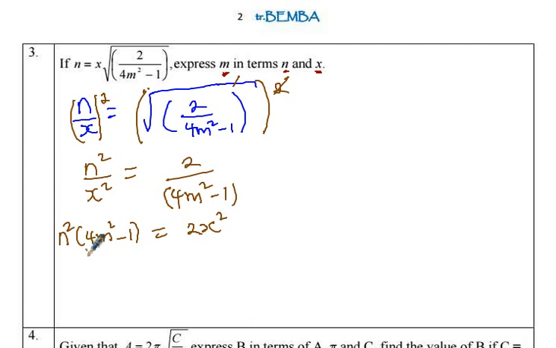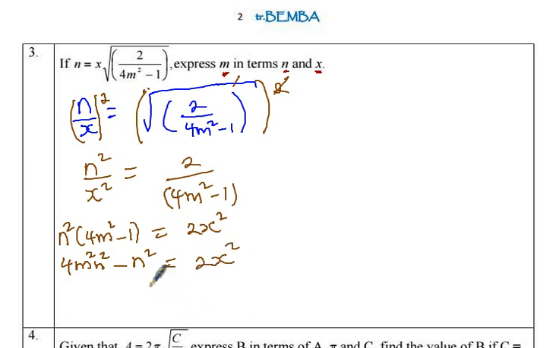So to avoid that, instead of dividing by n squared at this step, I want to open brackets. Okay, so that I'll write 4n squared m squared, you can write n squared m squared, no problem, it's the same thing, minus, when I multiply this by this, I get n squared is equal to 2x squared.